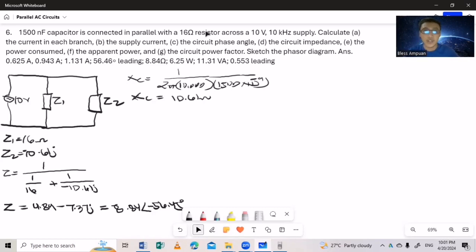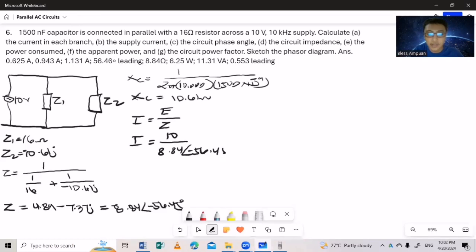So next step is we are going to solve for the total current, in order for us to solve for the current in each branch. We know that the current is equal to the voltage supply over the total impedance, which we solved a while ago. So our total voltage is 10 volts, and our total impedance is 8.84, or you can also use the rectangular form, they are just the same, negative 56.45 degrees.